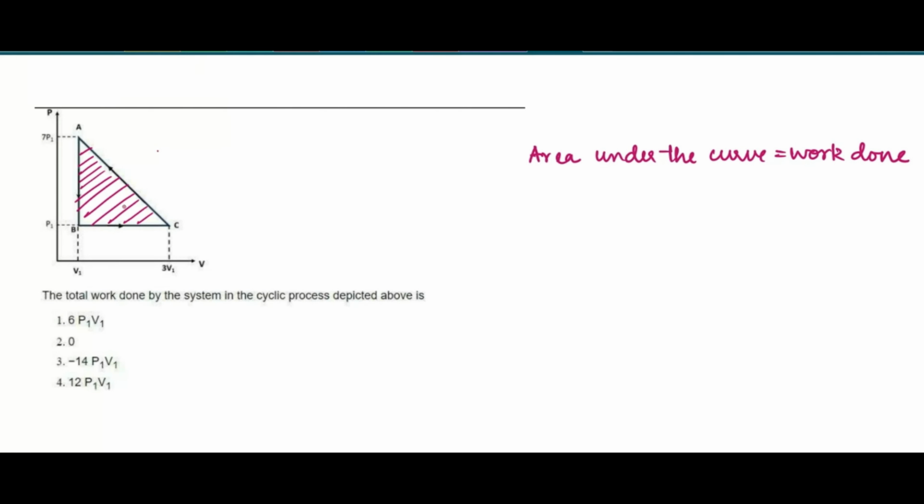So this is a right angle triangle. What is the area? Half into base into height. What is the base of this triangle? 3v1 minus v1, which is 2v1. And what is the height? 7p1 minus p1, which is 6p. So 2 and 2 get cancelled. Answer is 6p1 v1.